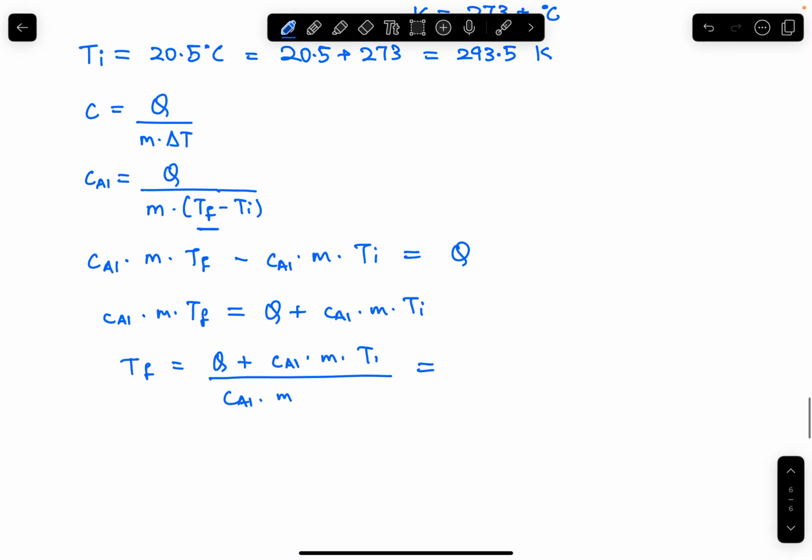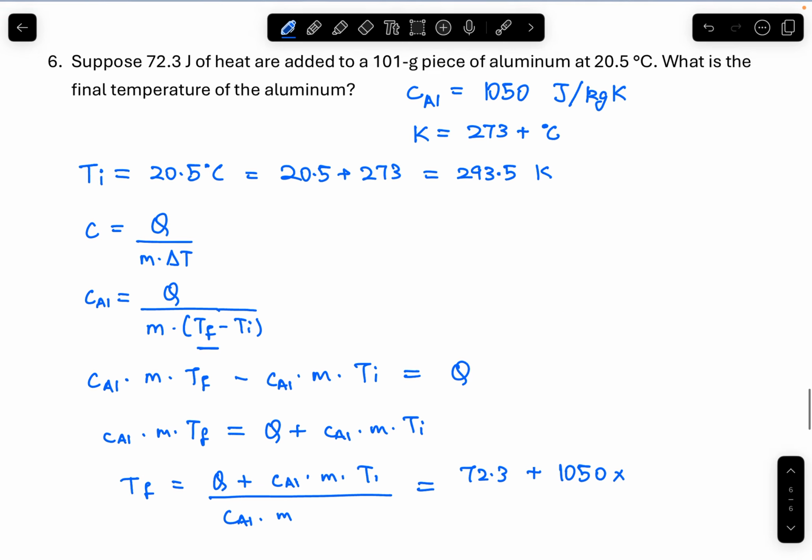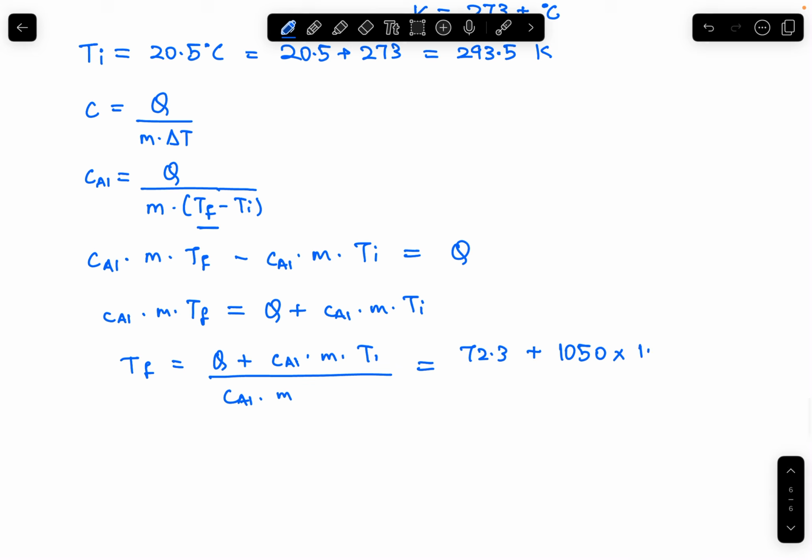So the value of Q is 72.3 joules multiplied by 1050 multiplied by 101 grams, which is 101 divided by 1000, multiplied by T initial, which is 293.5. Divide this by 1050.